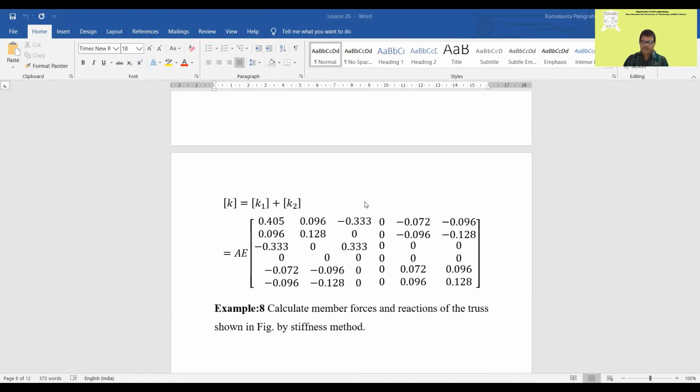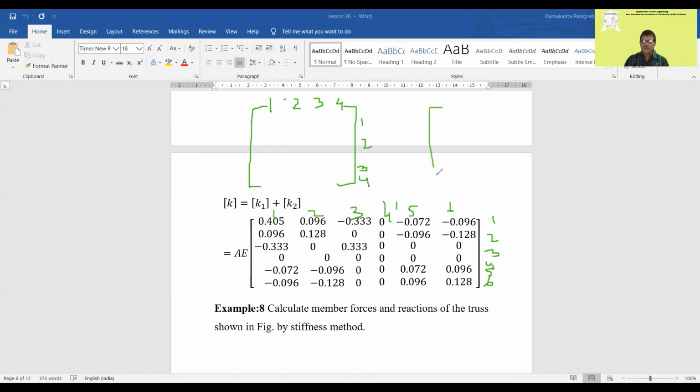Now here, at the coordinates 1, 2, 3, 4, 5, 6 and 1, 2, 3, 4, 5, 6, let me explain. Here you have the matrix 1, 2, 3, 4 and 1, 2, 3, 4.